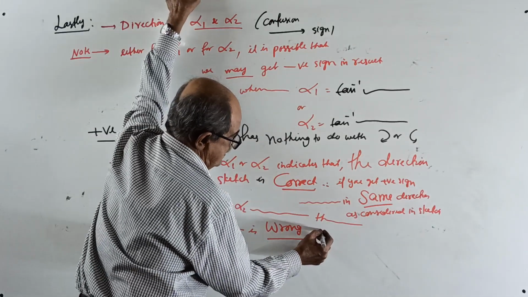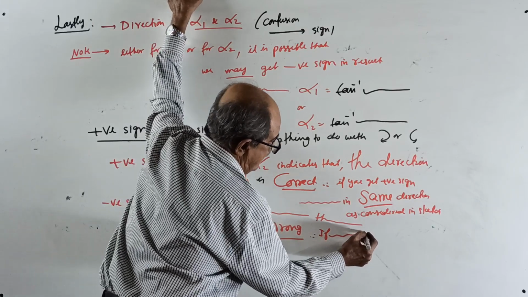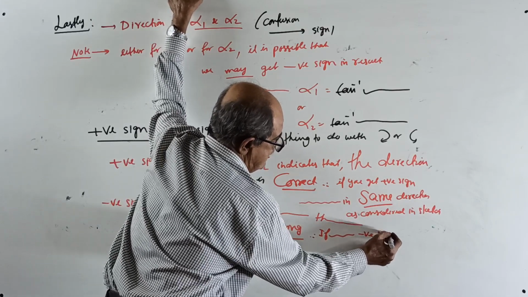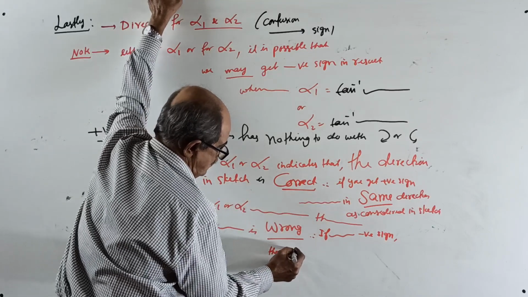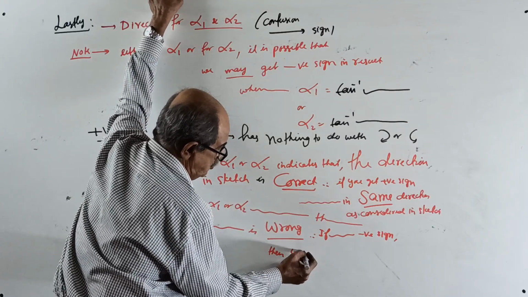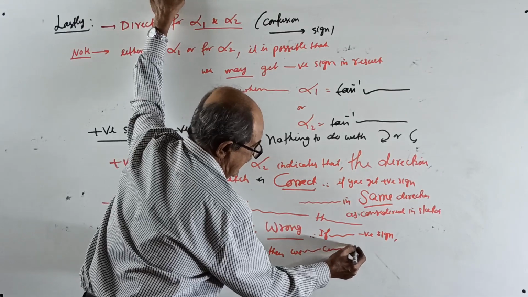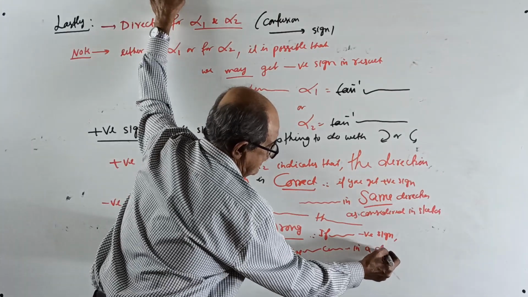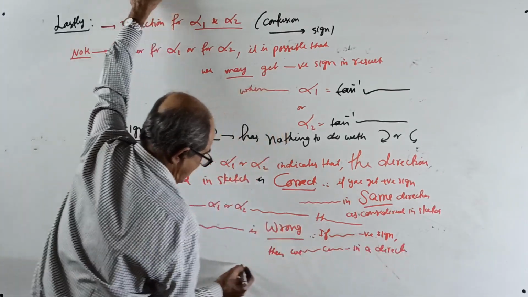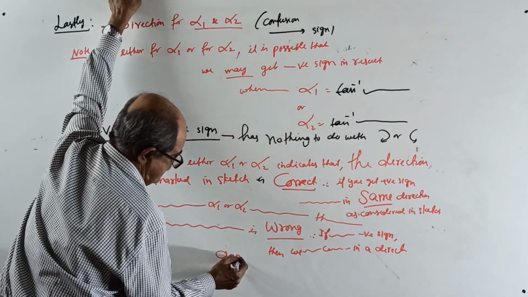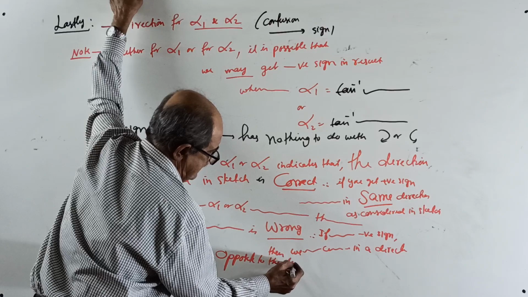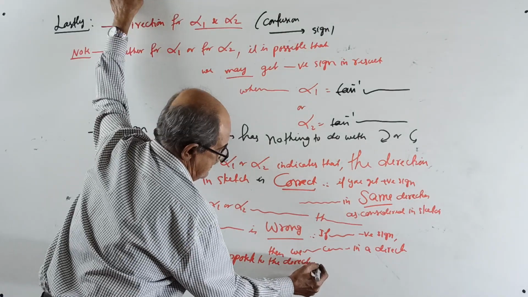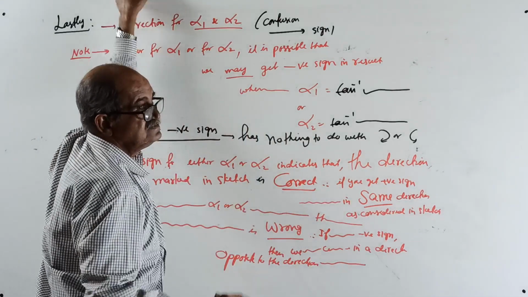Therefore, if you get a negative sign, then you have to consider that angle in a direction opposite to the direction considered in the sketch.